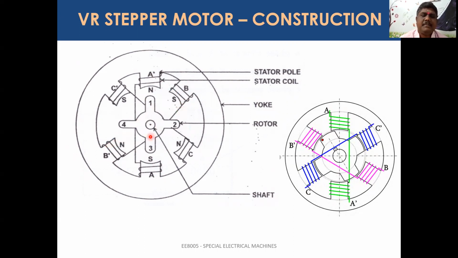That path is the minimum reluctance path, because whenever a high amount of flux passes in a particular path, there is only a little reluctance. Immediately the rotor will like to move to that particular position. The rotor will choose the minimum reluctance position. That is the variable reluctance principle of the stepper motor.